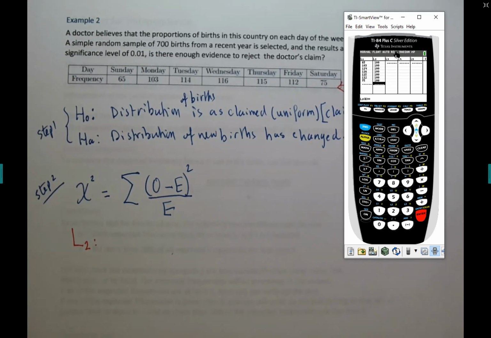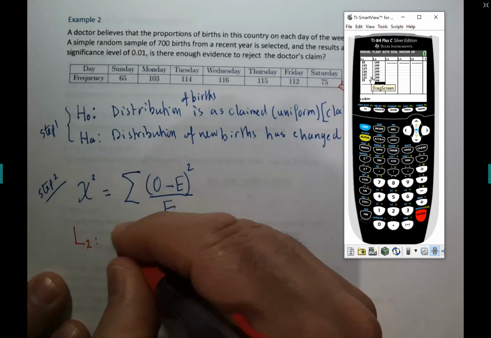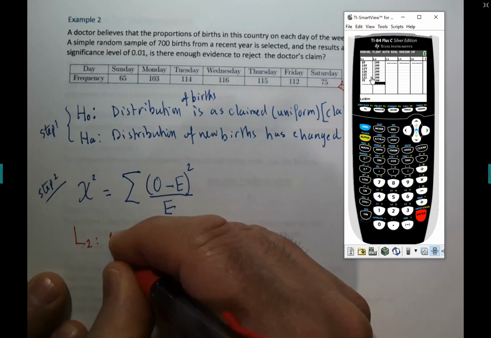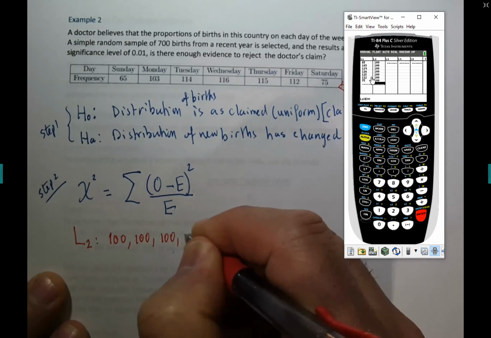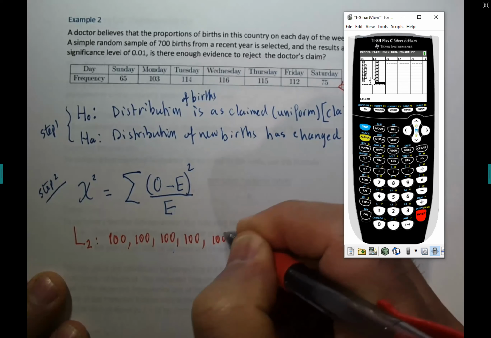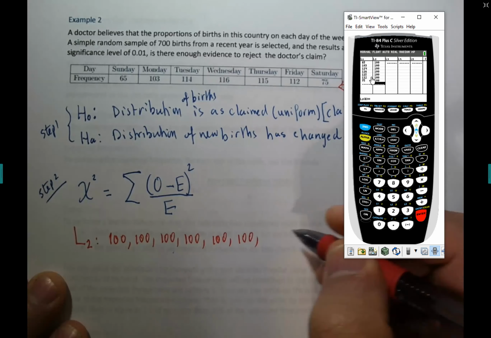We will see. So these L1 are the observed values, guys, and L2 are the expected values. And let me write them down here. So L2, it's going to be 100, 100, 100. And I'm going to write down how I got this.